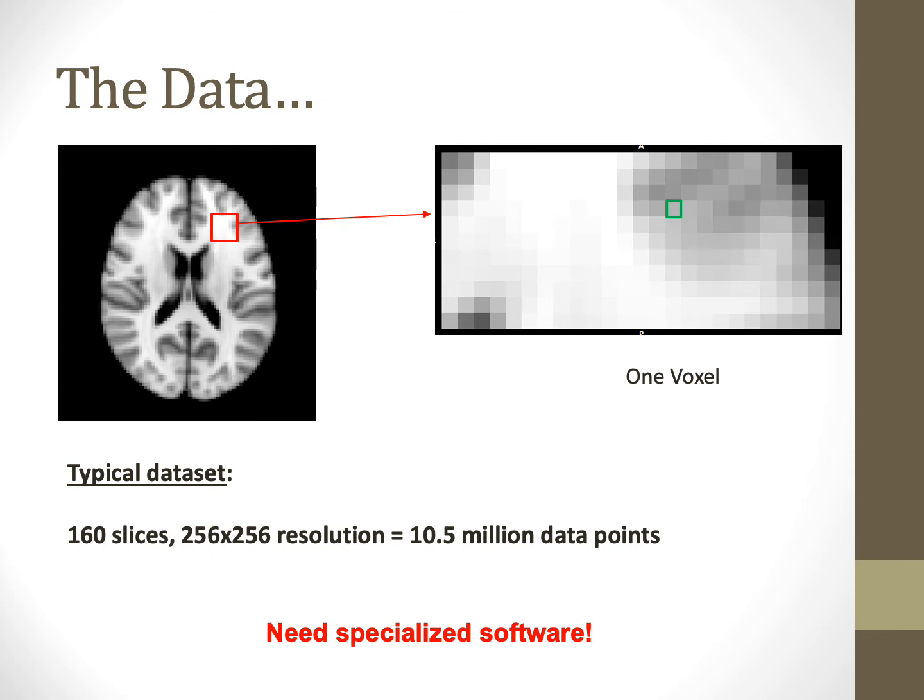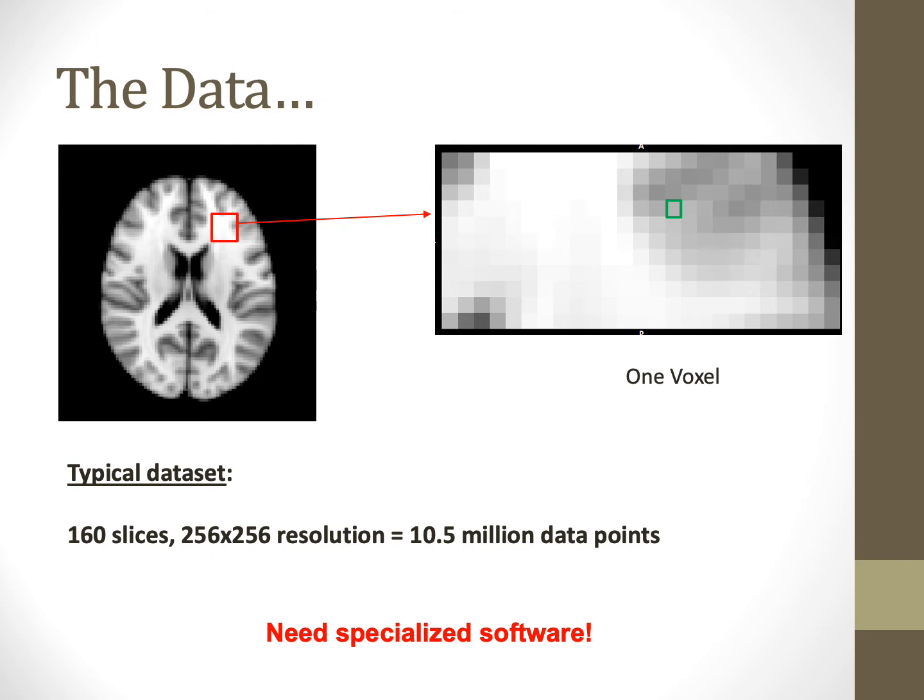So images are made up of thousands and even millions of voxels. For example, if the dimensions of our image seen here are 256 by 256 by 160, then our image is made up of approximately 10.5 million individual voxels, each one of those voxels corresponding to an individual data point.